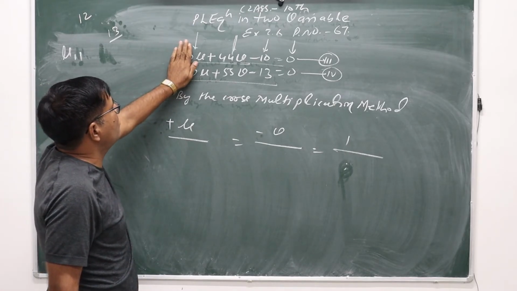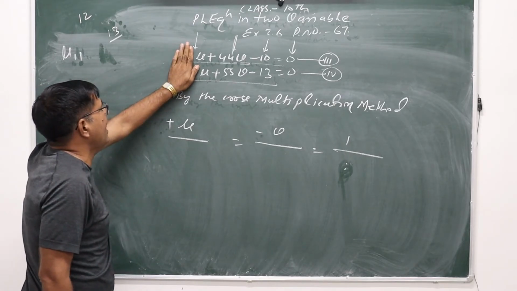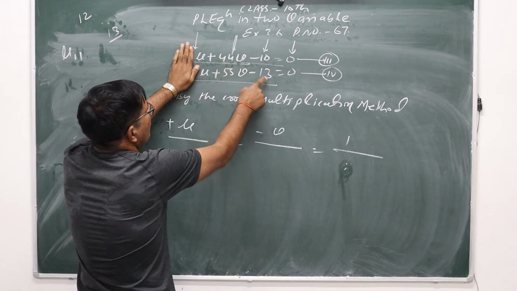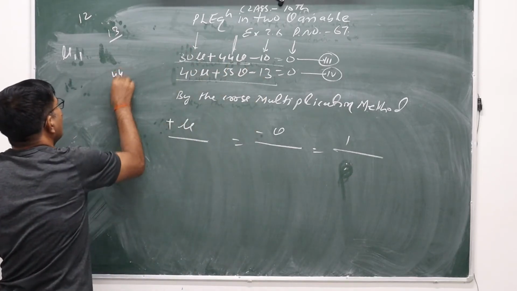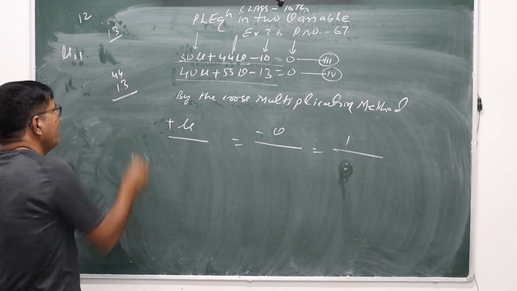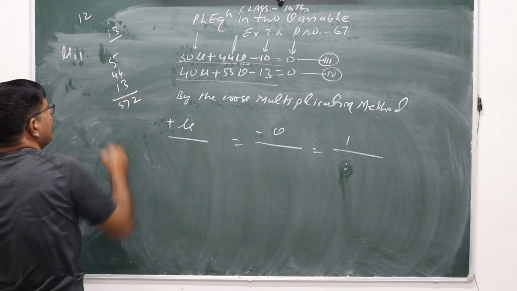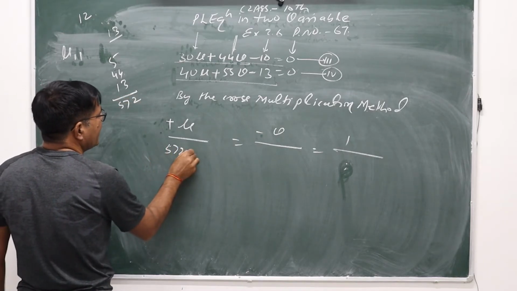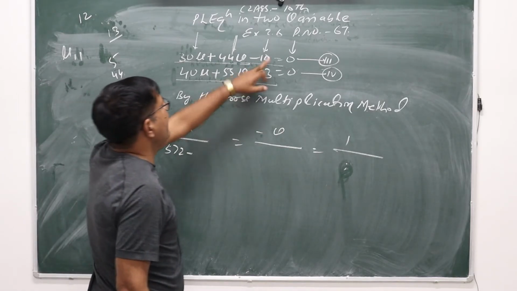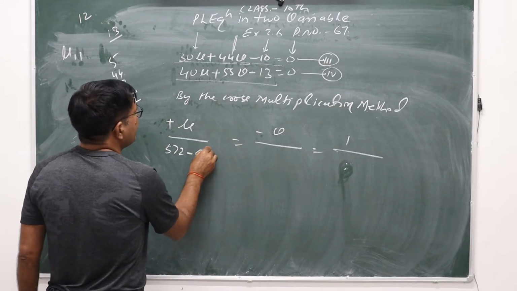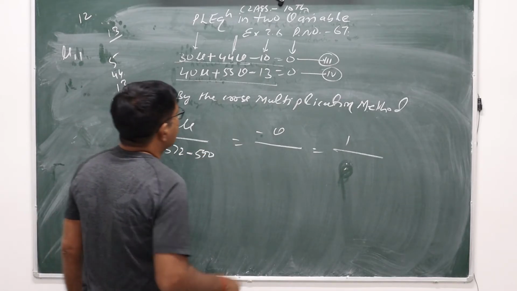When I solve for u, I will hide the coefficient of u: 44 times 13, 13 fours are 52, carry 5, this will be 572. So this is 572 minus 55 times 10, that is minus 550, equals minus v.